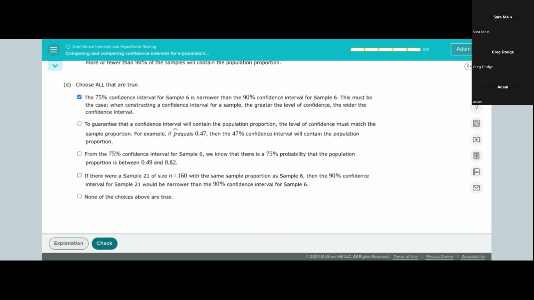We're going to go from 105 to 160, and we're thinking about what changes in our confidence interval formula when we increase our sample size. It's that denominator, right? And when our denominator gets bigger, our fraction gets smaller. And when the fraction gets smaller, the square root of that same fraction continues to get smaller. So that means you're adding and subtracting a smaller value to your sample proportion to get the interval. So that means it would, in fact, get more narrow.